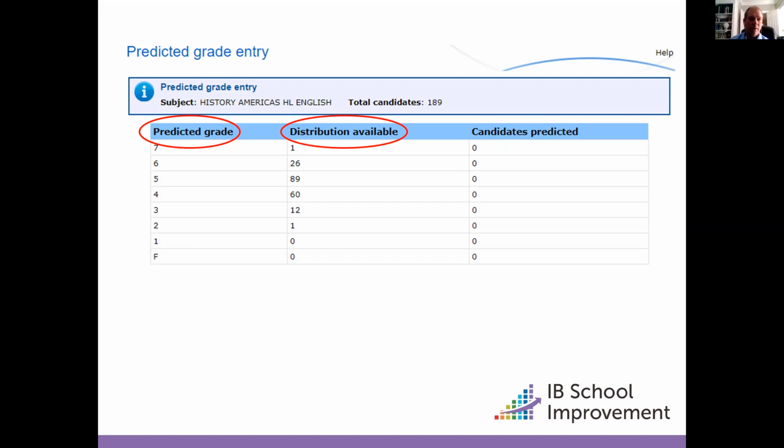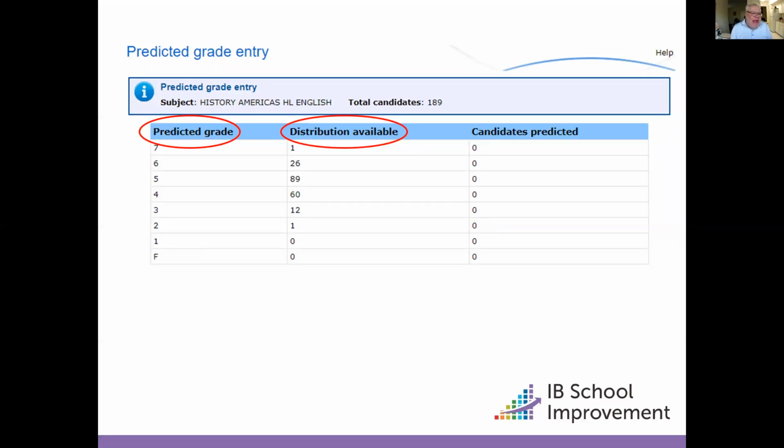So if they've been allocated 0 predicted grades of 4, that means that they can't give any students 4s then? Okay, if you have numbers above that, so if you look at my example up here on the screen, I have no allocations for 1s. I can award 1s if I want.